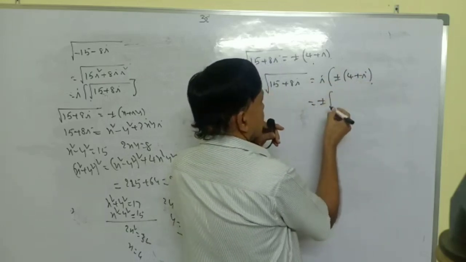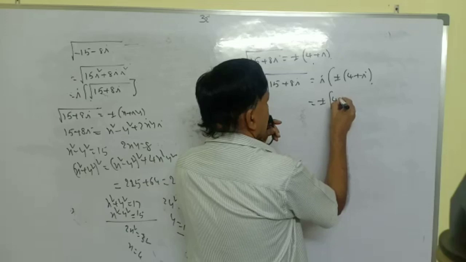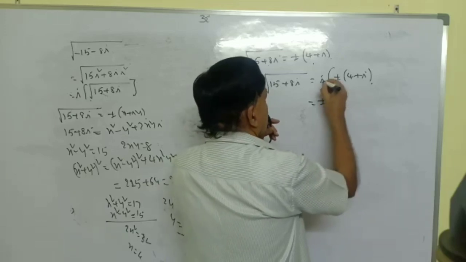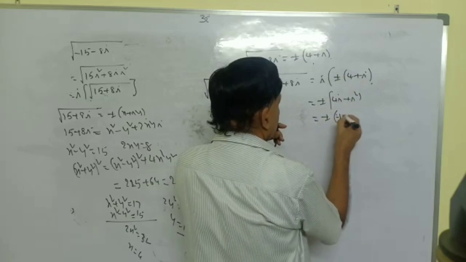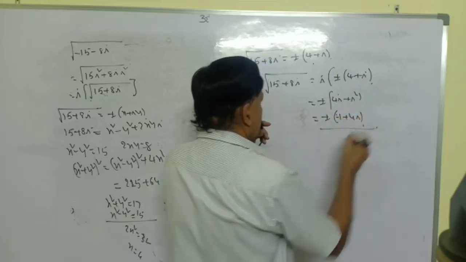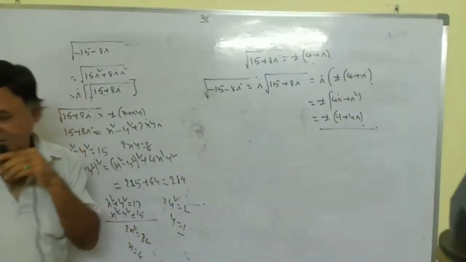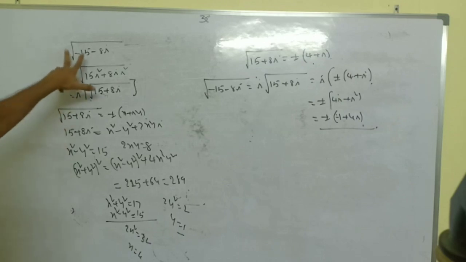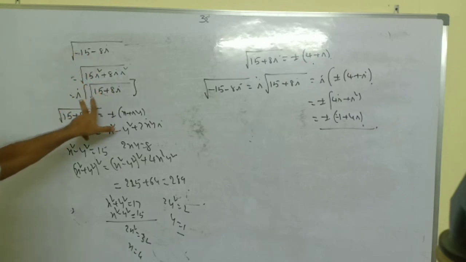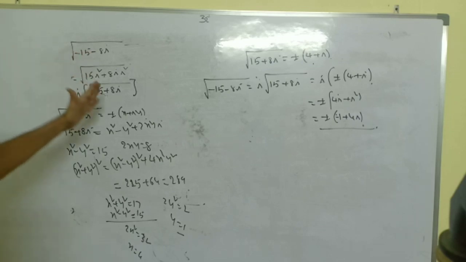Plus or minus i into 4, 4i. I into this is what? I square. So plus or minus minus 1 plus 4i. Okay, correct? So square root of both negative means you can plan like this. You can take out i square outside, plan like this.